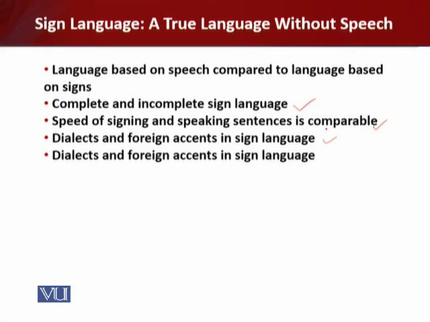Then, in addition to dialect and foreign accent in sign language, we have gestures of hearing people.